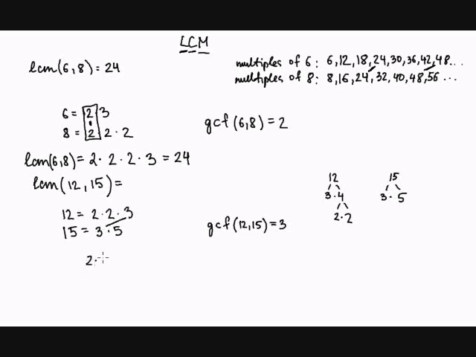So we're going to write 2 times 2, we're going to count 3 as 1, and we're going to multiply it by 5. So 2 times 2 times 3 times 5 is 60, and therefore 60 is the least common multiple of 12 and 15. That means that 60 is the smallest number that is divisible by 12 and 15.